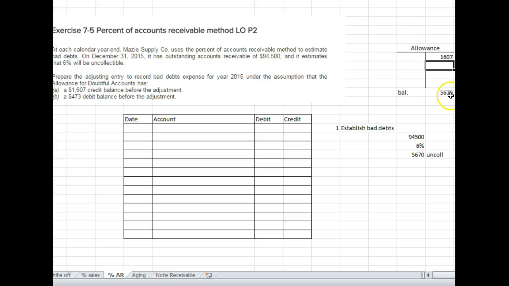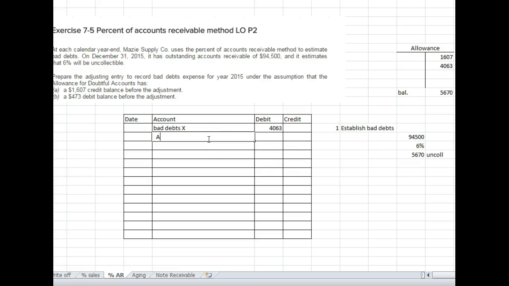So if I already have a credit balance of 1,607, I need a balance of 5,670. I have to credit the allowance account to bring that up to 5,670, and that would be 4,063. So this adjustment becomes the bad debts expense for this period, instead of the calculation you did here.